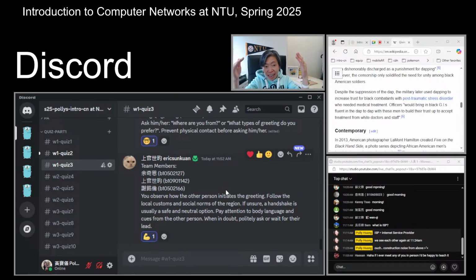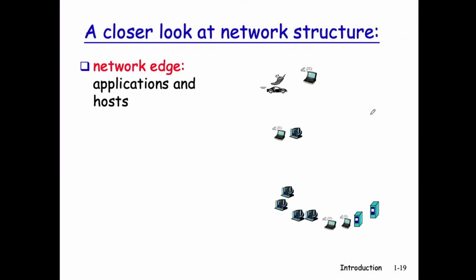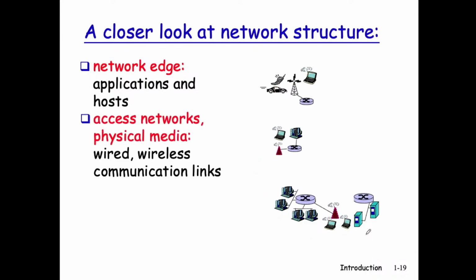This was a very high-level overview of the internet. Now to wrap up, what have we seen so far? We have hosts or end systems where we run applications. They are sitting at the very edge of the network. These end systems connect to the internet through access networks or communication links.